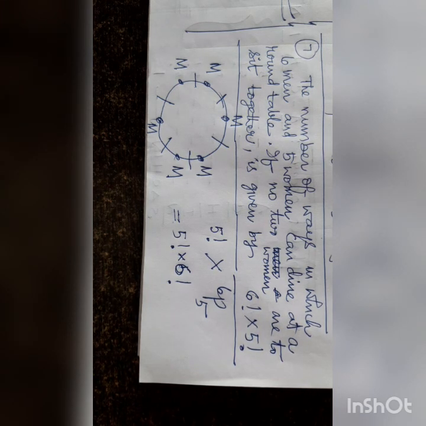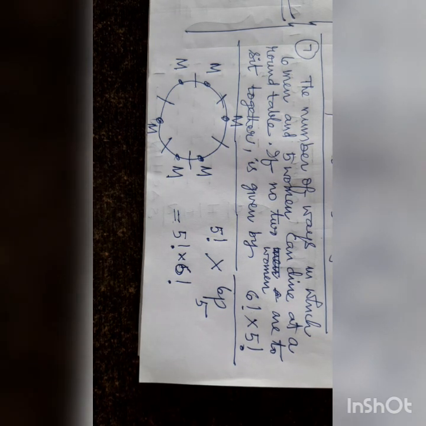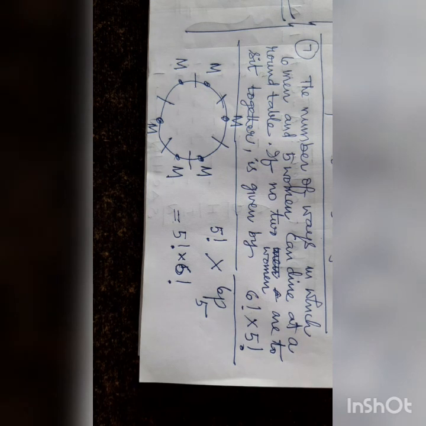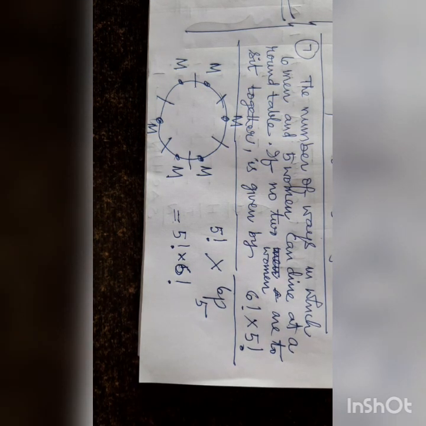How many ways can we arrange? 7 factorial ways. The same 7 people around the table for dinner, meeting or conference, then not 7 factorial but 7 minus 1 factorial, 6 factorial. This is a new phenomenon.